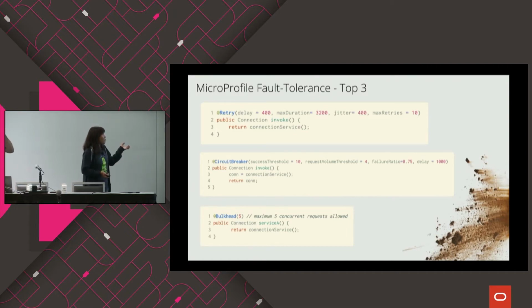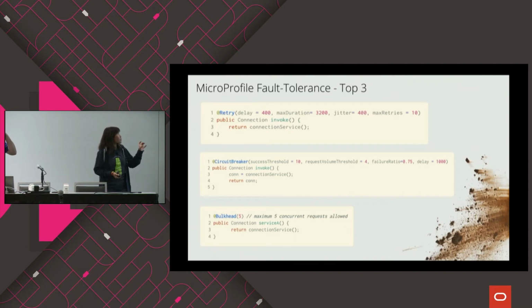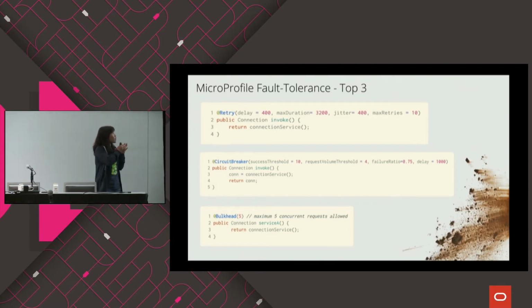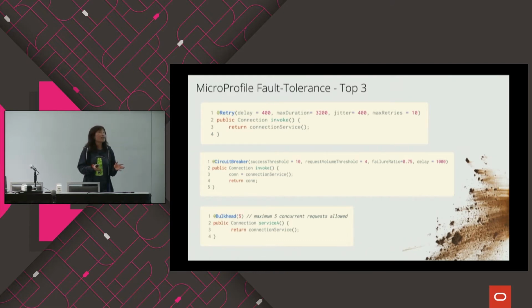So this is the circuit breaker. And in circuit breaker, you can specify the criteria: the rolling window and how much percent of failure, and then the circuit will be opened. And then after some delay, it lets one request through to see whether it's a success or not.